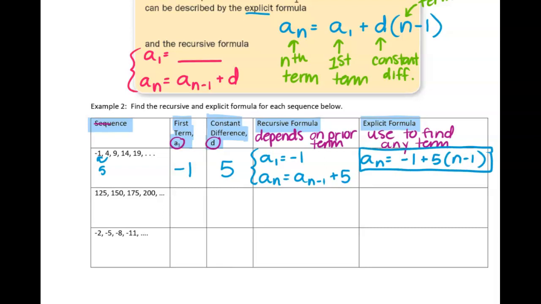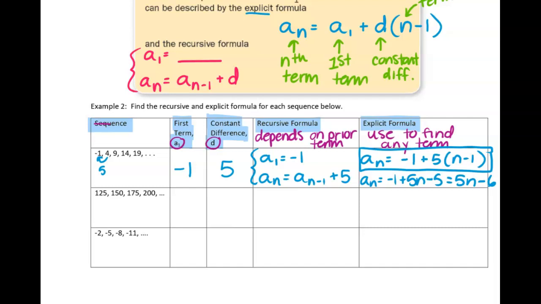If we do that, we end up with a sub n equals negative 1 plus 5 times n, which is 5n, 5 times negative 1, which is minus 5. So we would get 5n minus 6. If you're asked for the explicit formula, take the one in the box. If you're asked for the simplified formula, then I would use the 5n minus 6.